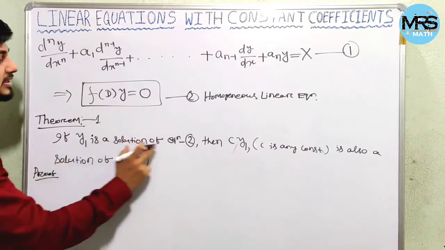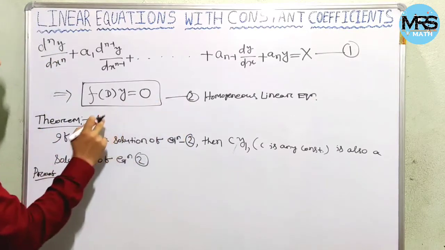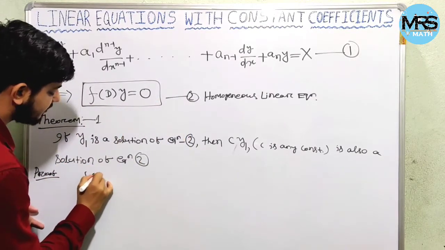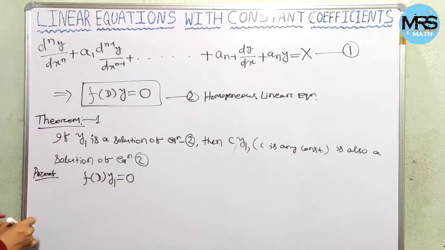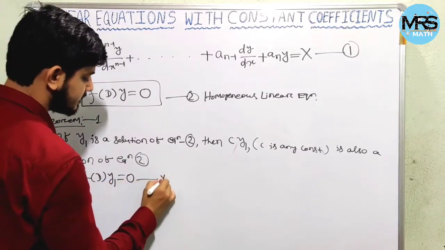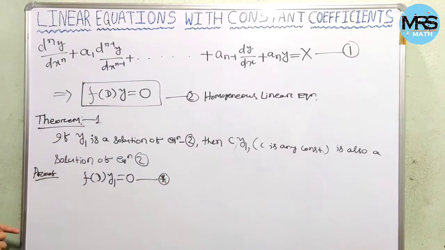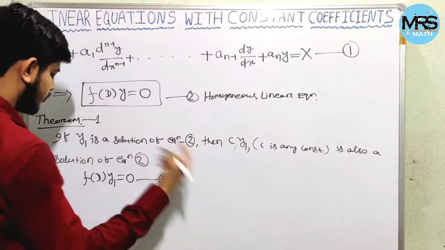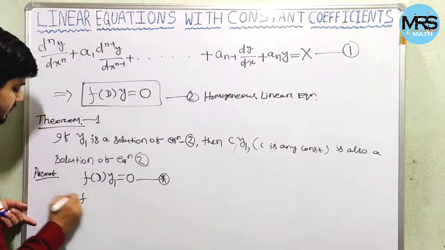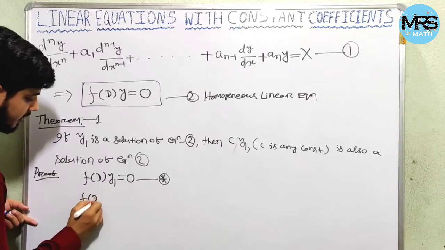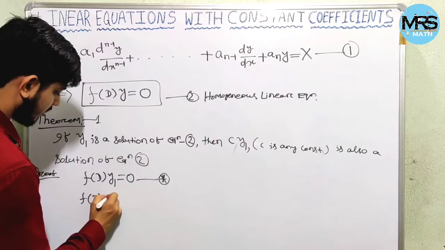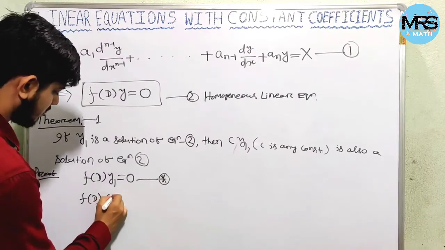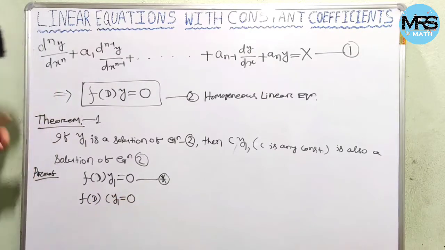Since y1 is a solution of equation 2, we can write f(D) of y1 equal to 0. Let us say this is equation star. Now we have to prove that f(D) of c y1 is equal to 0.